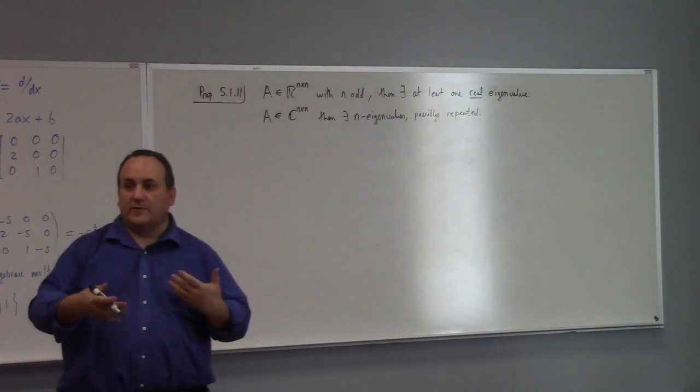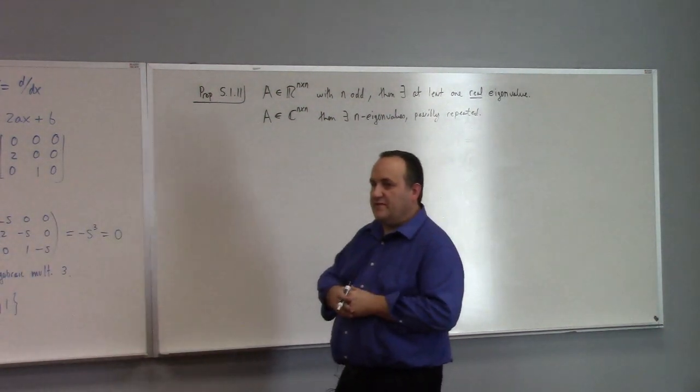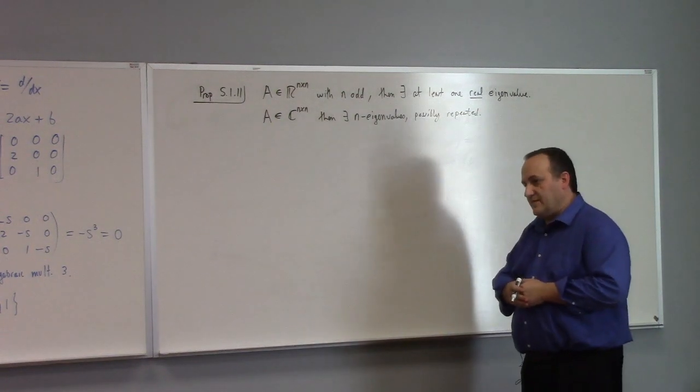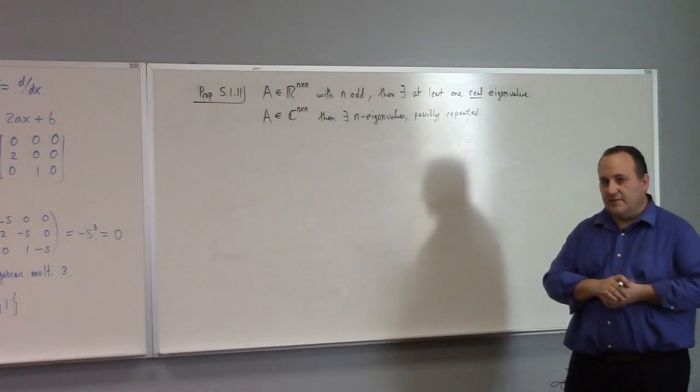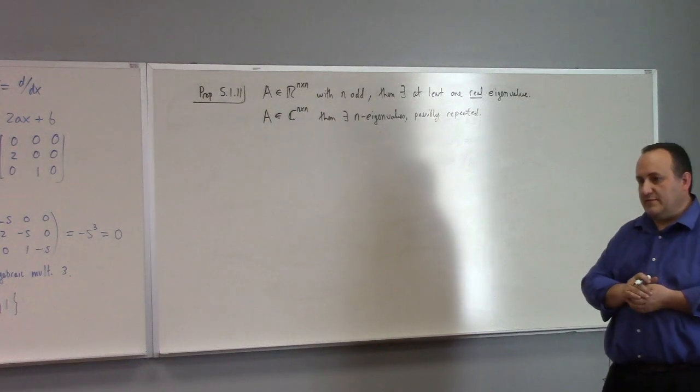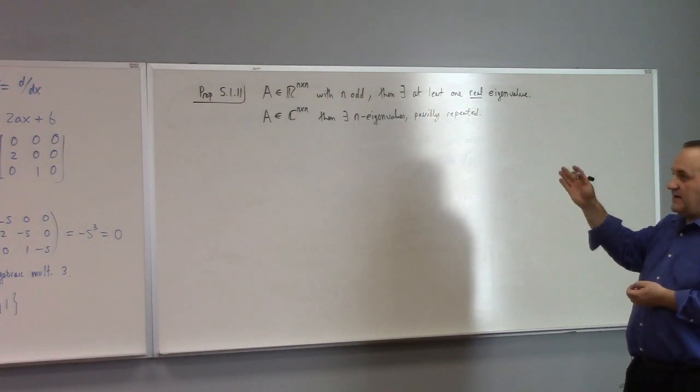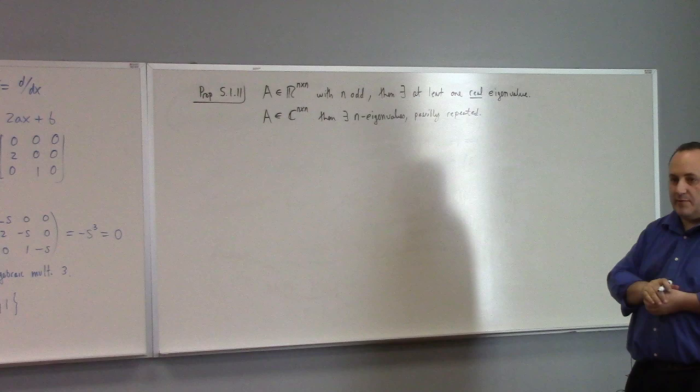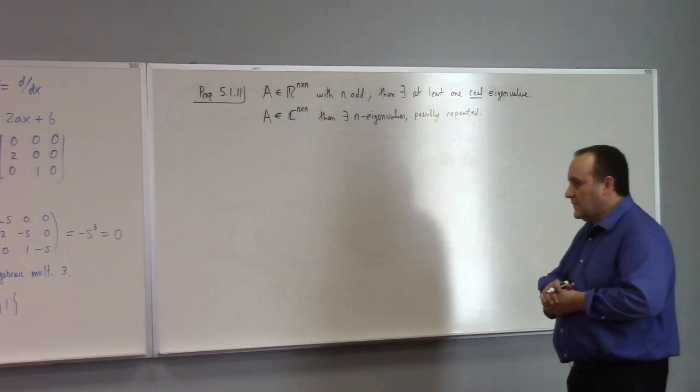It is an nth order polynomial equation. What does the fundamental theorem of algebra say? It says an nth order polynomial equation over the complex numbers has n solutions, possibly repeated. So this is a direct consequence of the fundamental theorem of algebra. That's why working over complex numbers is so much nicer. All right.